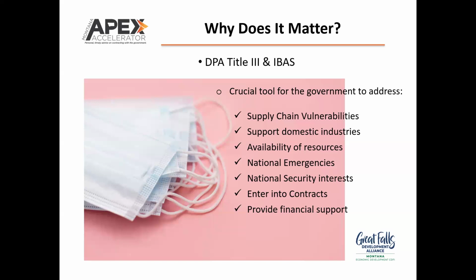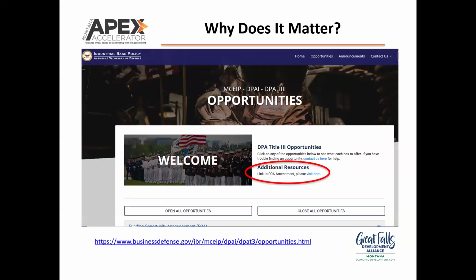It can be a valuable tool for promoting innovation and strengthening the involvement of small business in federal procurement efforts. Here is the website that shows open opportunities for DPA Title III. Also, if you click on the additional resources link, it will take you to the current funding opportunity announcement, or FOA.